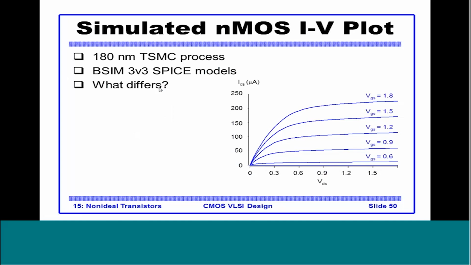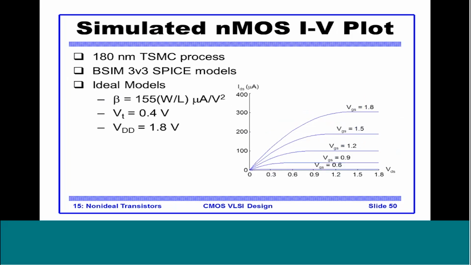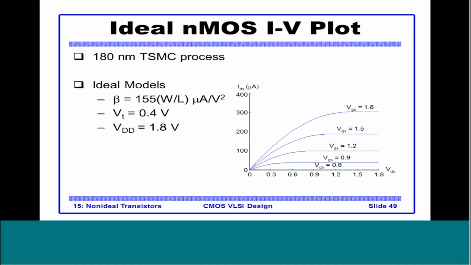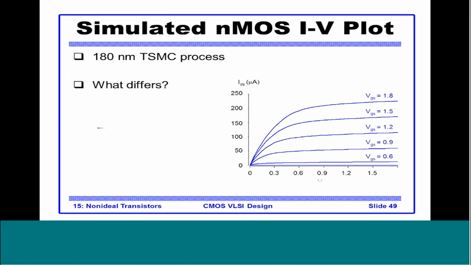So the SPICE models are the golden standard for analyzing MOS circuits, both digital and analog, and these represent the actual transistor behavior on silicon. Now we see this curve and try to notice what is different between this curve and the ideal curve we saw on the earlier slide. This is the ideal curve and this is the actual curve of the device.